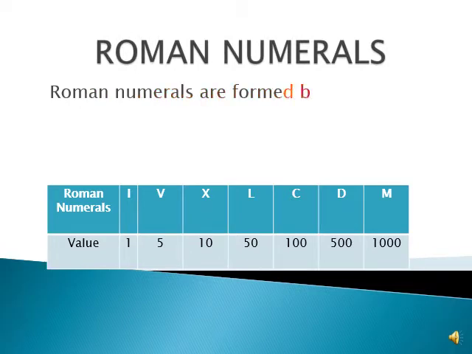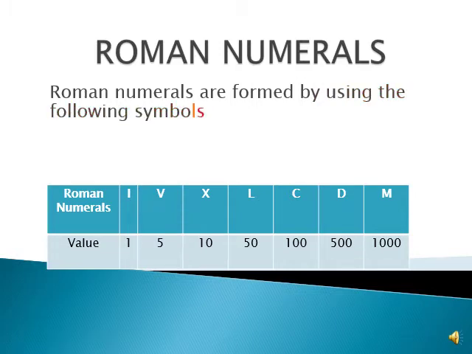Roman numerals are formed by using the following 7 symbols of the English alphabet: I, V, X, L, C, D and M. I stands for 1, whereas the value for V is 5.